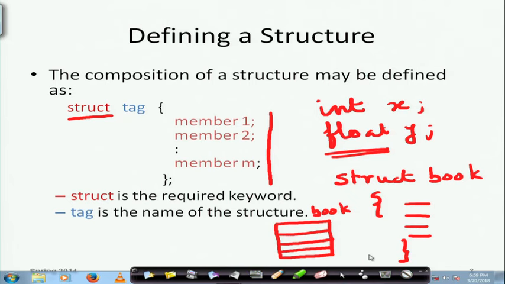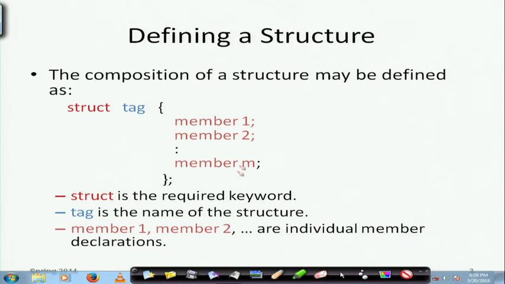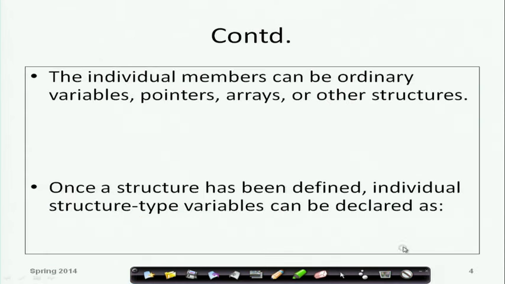Let us move a little ahead. Member 1, member 2, etc. are individual member declarations. We will see more examples of this. The individual members can be of different types, and that is the beauty of a structure.